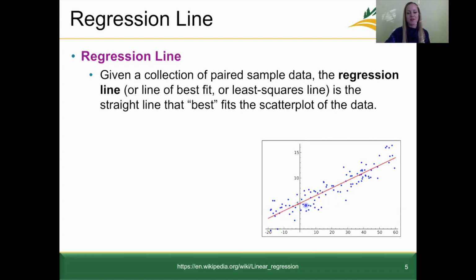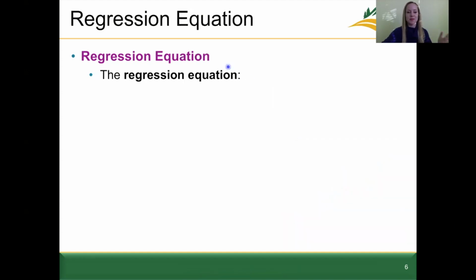And remember in chapter 10, we're working with straight line patterns or linear correlations or regressions. So this line here is going to be a linear line, and it will have a linear equation for its slope and y-intercept. So this is our regression line. It can be described by this regression equation. Now you may have seen this before as y equals mx plus b.